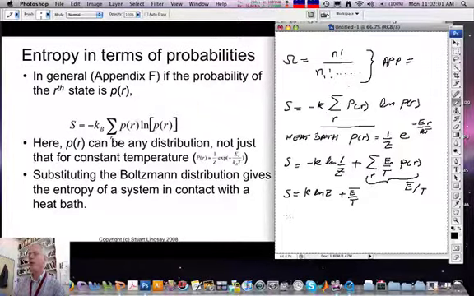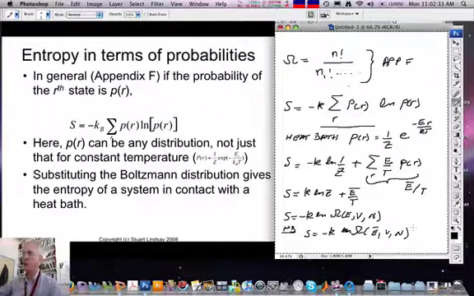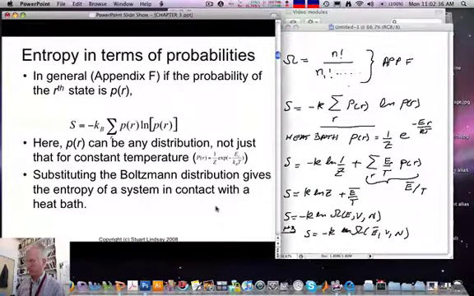So where before we had the entropy being defined in terms of a statistical weight that was a function of whatever the energy of the system was, volume and number of particles, now in the case of a heat bath, we have simply the entropy defined in terms of the thermally averaged energy. So the entropy is a good quantity for a system in contact with a heat bath.